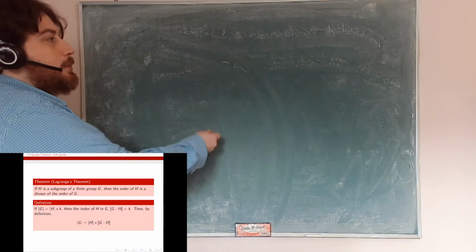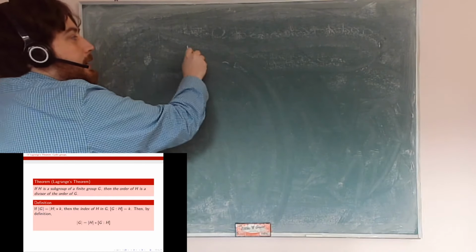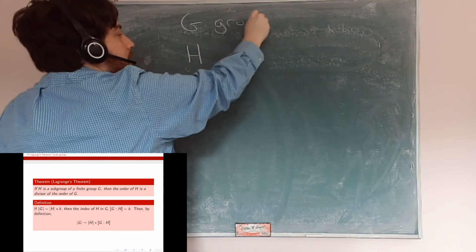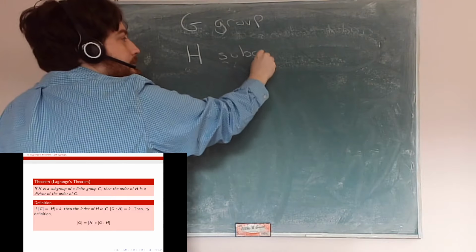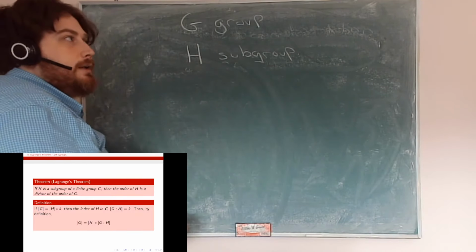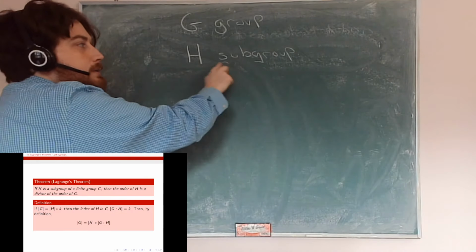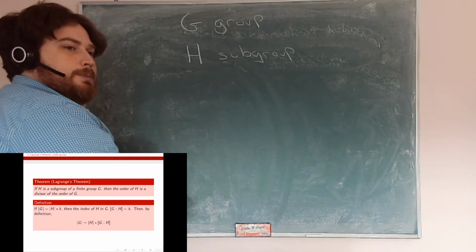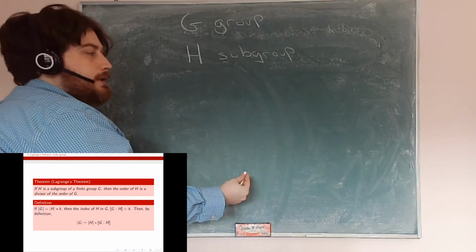But to get to the proof of the theorem, let's suppose I have a group G and H is a subgroup. If we recall, last time we talked about the cosets of H in G. In particular, we looked at right cosets, but we could also look at left cosets.